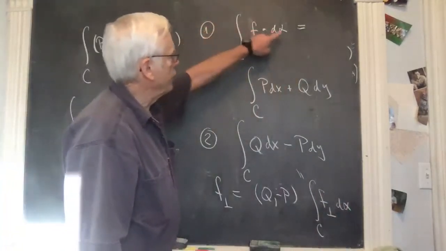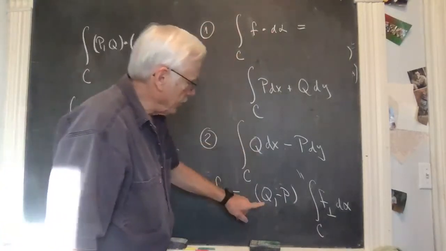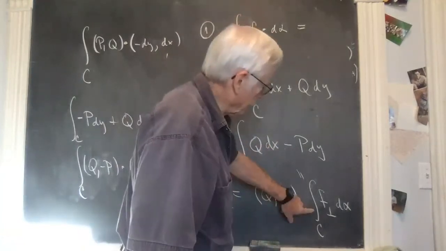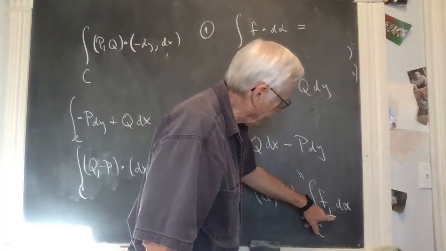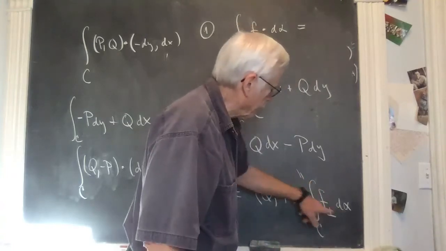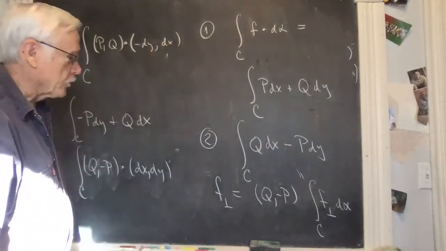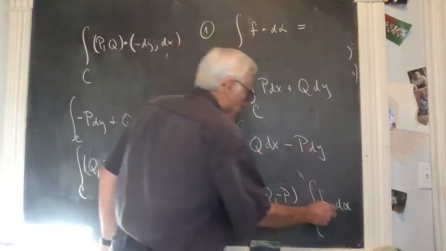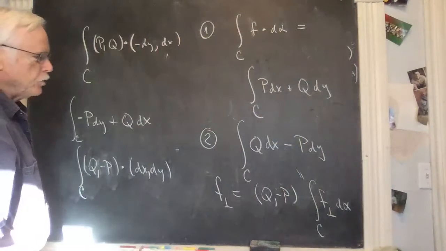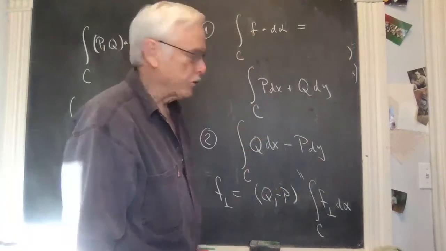So integrating f dot d alpha along C, this is the regular line integral, the force that's with you, but this is the force that's with you along alpha, but the force is F perp. And if you integrate F perp this way, then you get the force that's across you. So either way, but this is a good way to look at it, that every force comes with a perp force. And if you integrate them both, then one of them gives you the force that's with you, one of them gives you the force that's across you.